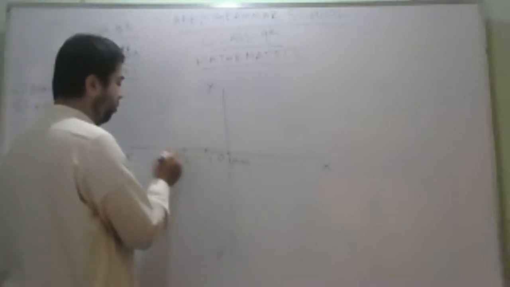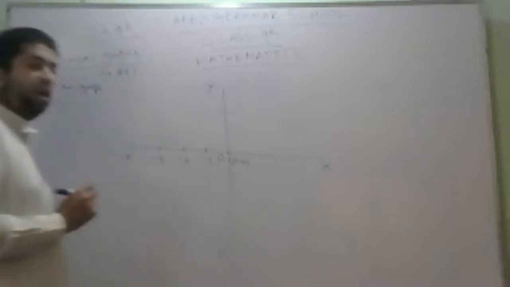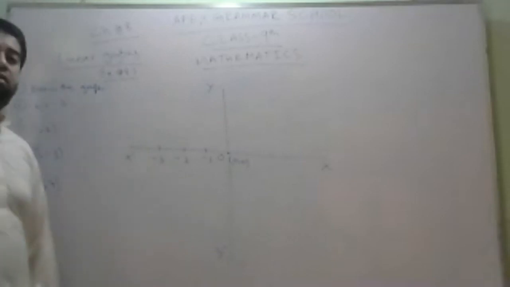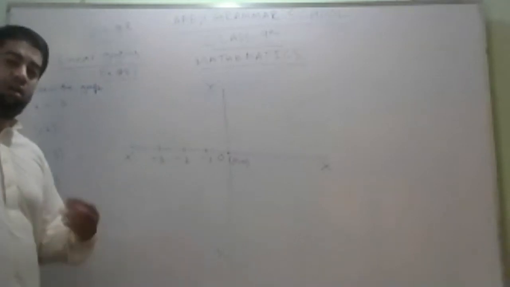-1, -2, -3. Now, if you are going to draw the graph with points like (-3, -2), (-3, -3), (-3, 4), and so on, the values of x will be -3 because these values are fixed, and the value of y will change. So this graph can also be just like what we have already done in the first part.